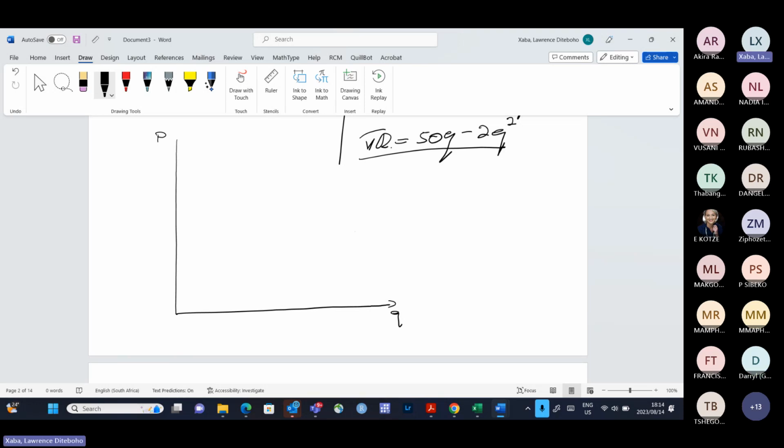What is important when we are doing this one? We have to remember the properties of our quadratic equation before we can do a graph. First thing, this is our function, whereby originally, if you look at it, it doesn't have a slope.